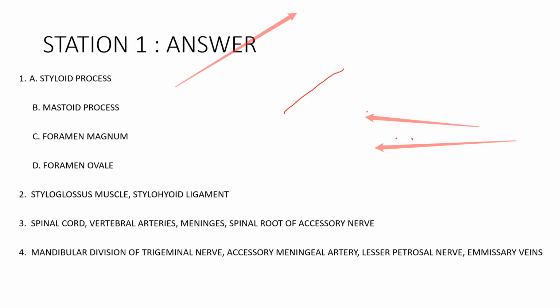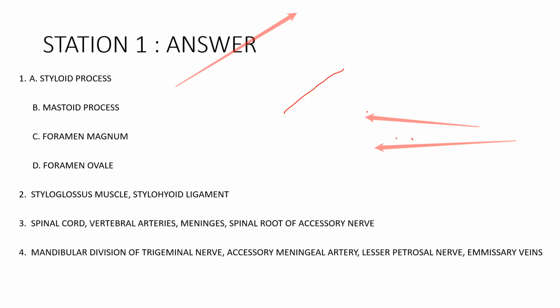Can we move the slide? Even the styloid process alone can be asked as a single OSCE because there are a lot of things in relation to it, like Eagle syndrome, length, development.